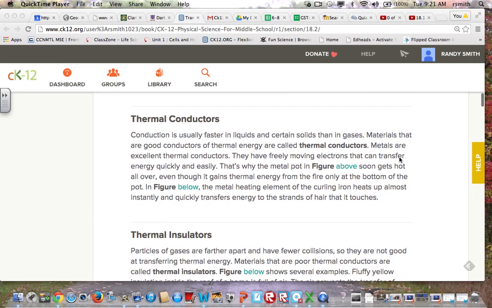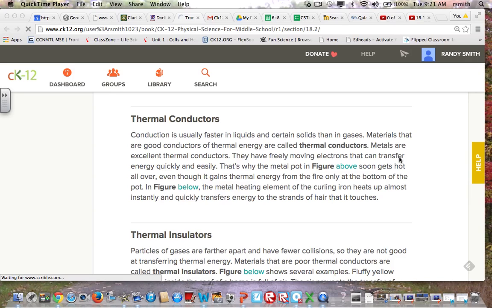Thermal conductors. Conduction is usually faster in liquids and certain solids than gases. Materials that are good conductors of thermal energy are called thermal conductors. Just like copper was a great conductor of electricity, sometimes there are other materials that are good for conducting thermal energy. Metals are excellent thermal conductors.